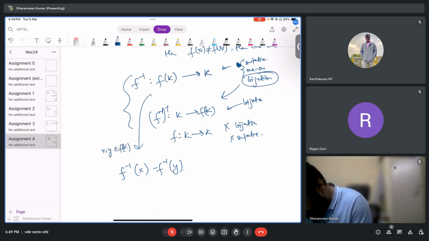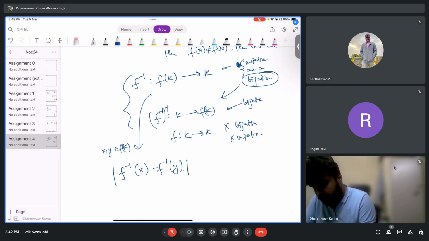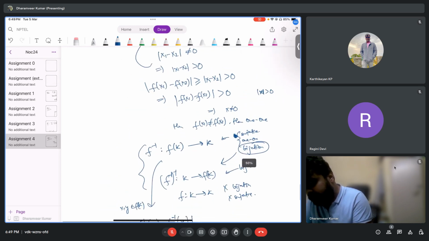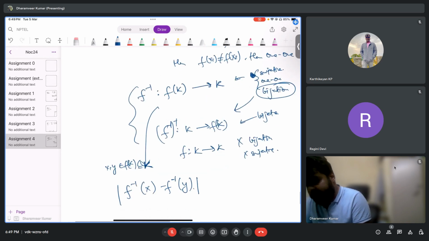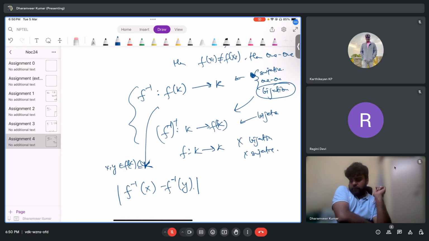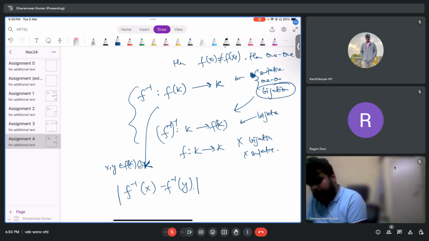and f(K) is inside K. So if you have two points inside K, what can you do?